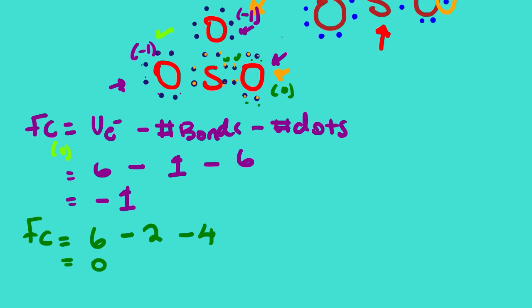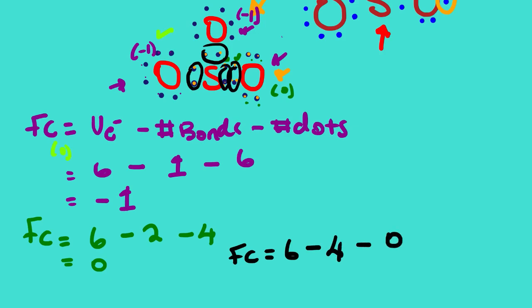Let us calculate the formal charge of sulfur. Sulfur is in group number 6, so it has 6 valence electrons. The number of bonds, it has 1, 2, 3, 4, minus the number of dots, we actually have 0. So 6 minus 4 is 2. The formal charge of sulfur in this case is 2.